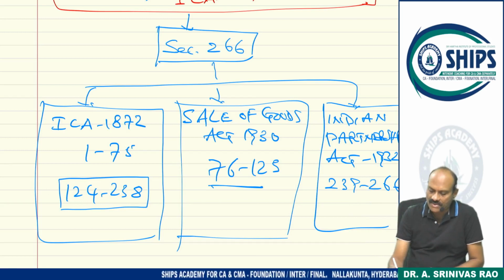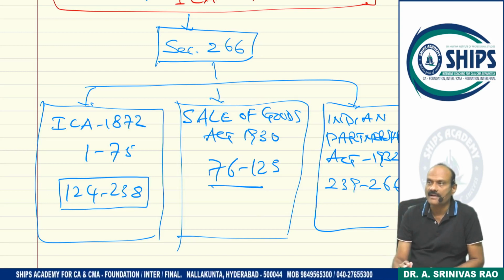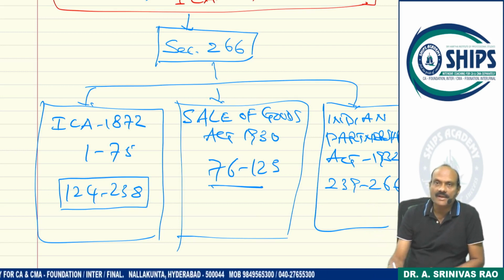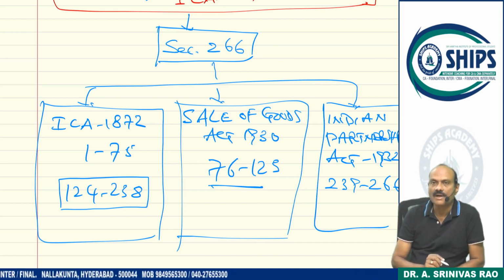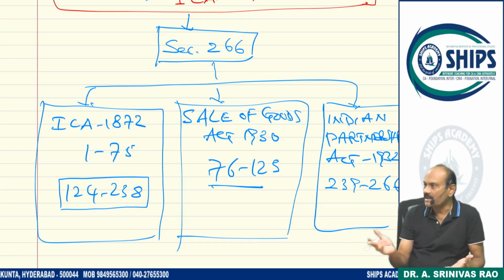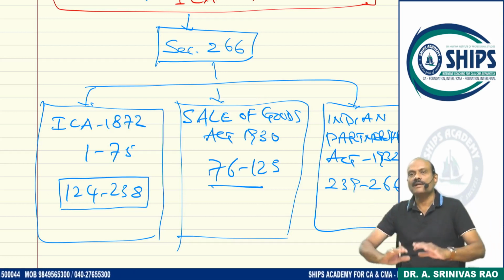Then section 239 to 266, where 238 ends in the Indian Contract Act, this is the 9th schedule, segregated and enforced as the Indian Partnership Act 1932. If you are learning these 3, you are learning only Contract Act, because all are part and parcel of the contract law only, but under different heads we are learning.